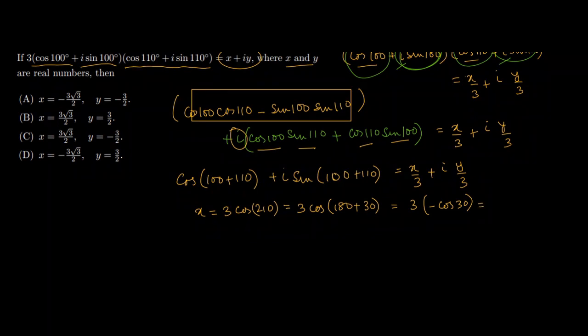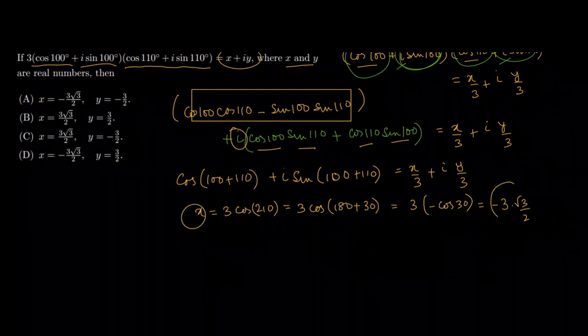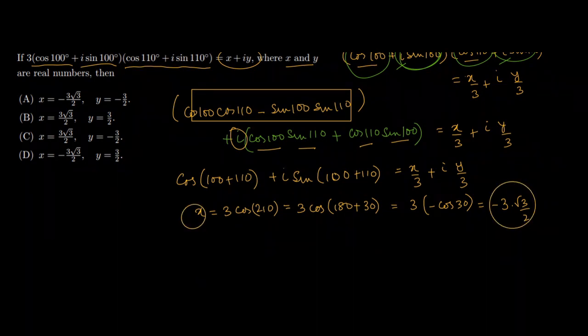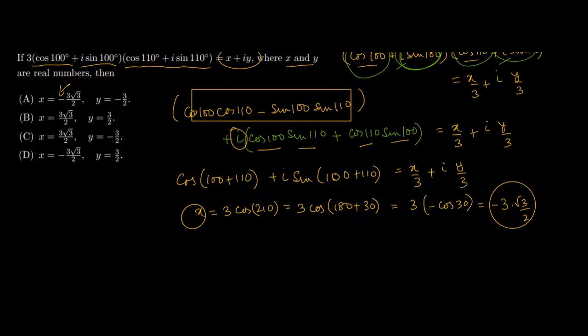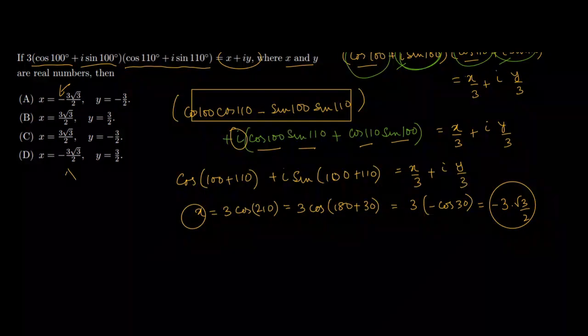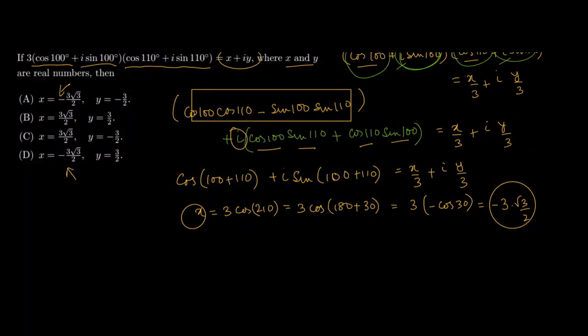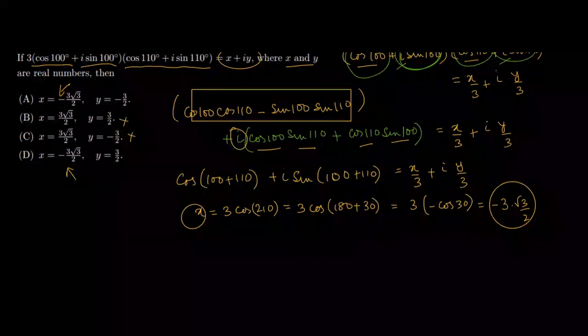So this is minus 3 cos 30, and cos 30 is root 3 by 2. So x is equal to minus 3 root 3 by 2. So we can clearly see that option A has x equal to minus 3 root 3 by 2 and option D has x equal to minus 3 root 3 by 2. So we can clearly cross out the other two.